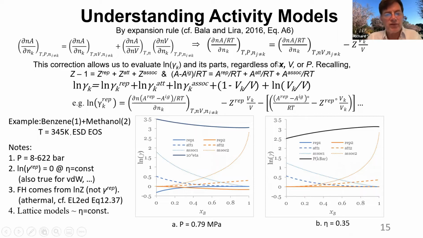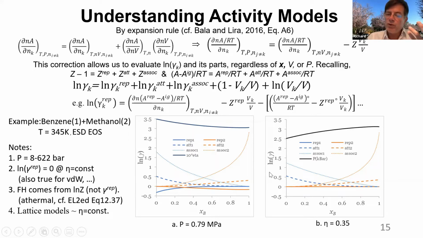So that's a little bit of a trick there to be aware of. But once you've done that, at constant pressure, what you see is that the repulsive part is going in one direction, the attractive part is going in another direction, and then the association part is going in another direction. And this is the packing fraction. You see the packing fraction is going down as we go to the larger molecule.